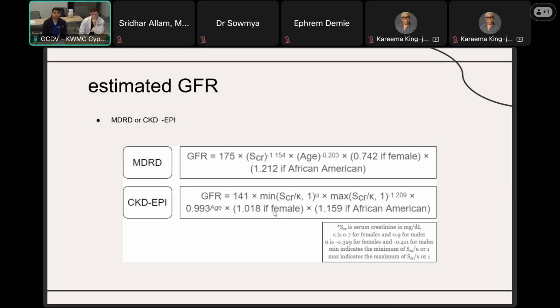These depend on the serum creatinine and on the gender. The race has been taken out of these equations, so basically this part does not exist anymore. So use the CKD-EPI and MDRD, the same formulas without a race adjustment. These give us an estimation of the patient's GFR. Also to know, CKD-EPI as well as MDRD were developed from people with normal kidney function. So they tend to be less accurate on the extremes of the kidney function, but still helpful.